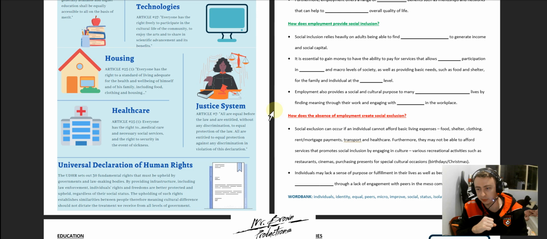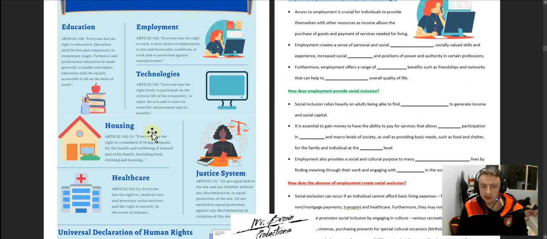And the idea that it promotes justice, that it promotes equality, that it promotes equity, and that it promotes that everyone should be safe. The idea that we say in our Australian values on the Department of Home Affairs website, where we talk about having a fair go, that's what all this is about. It's all reflecting the fact that everyone, as a human right, should have access to education, employment, technologies, housing, healthcare, and the justice system.